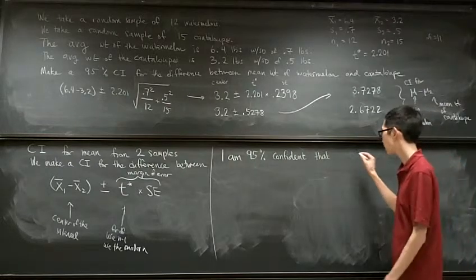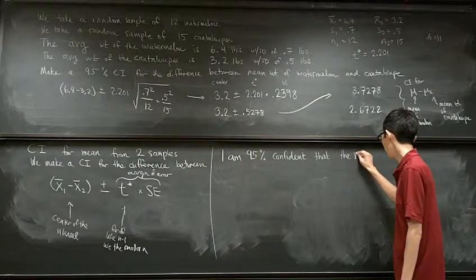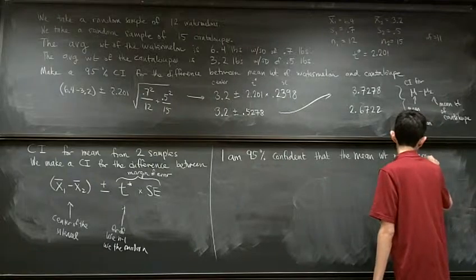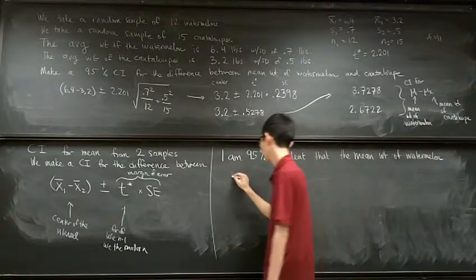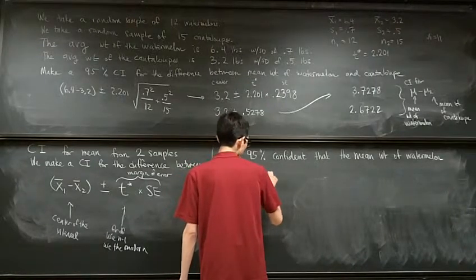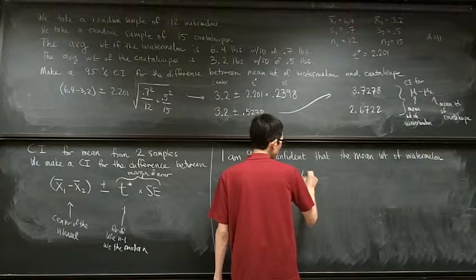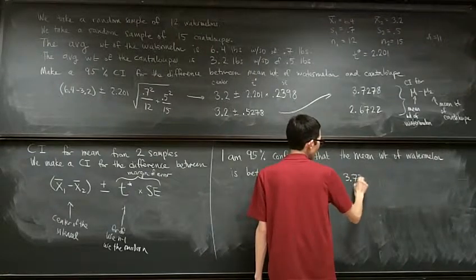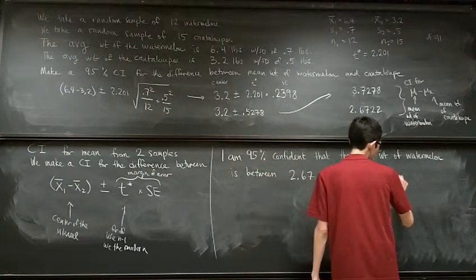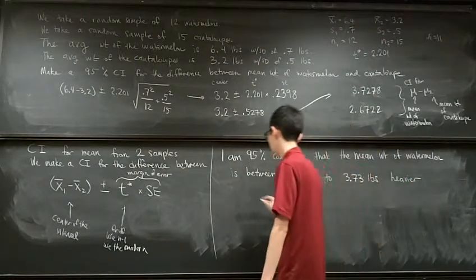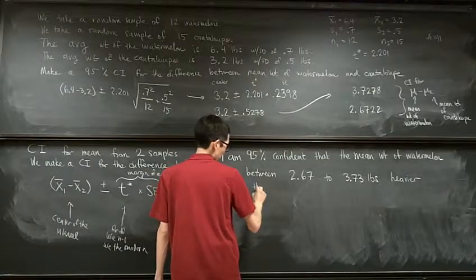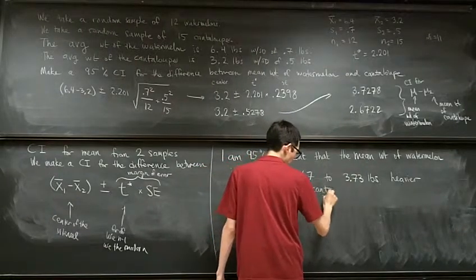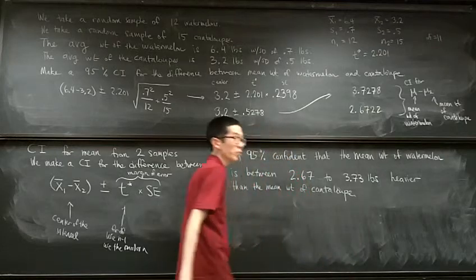So I write, I am 95% confident that the mean weight of watermelon is between, I'm just going to round off to 2 decimals, 2.67 to 3.73 pounds heavier than the mean weight of cantaloupe.